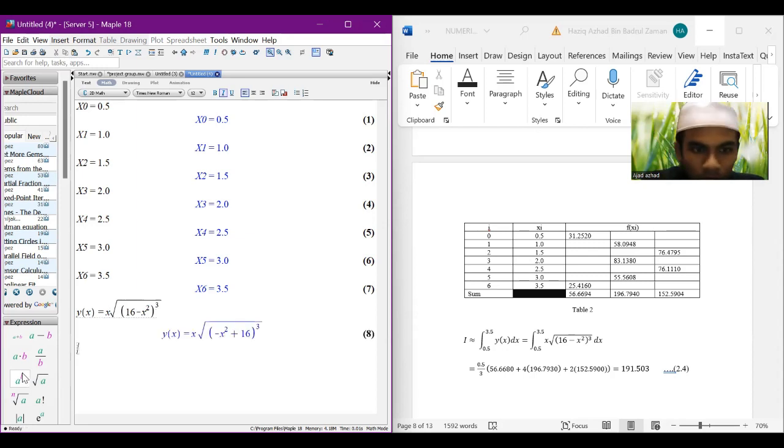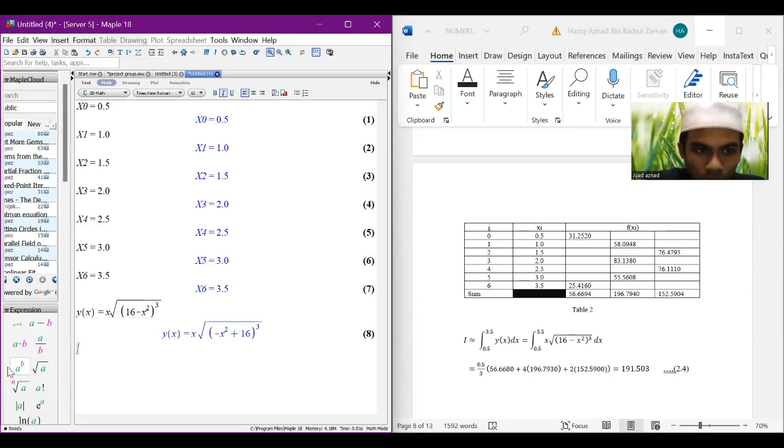From the equation, we just need to change the value of x following x0 until x6, which is 0.5 until 3.5. So we just copy the equation and change the given value, x0 equal to 0.5.